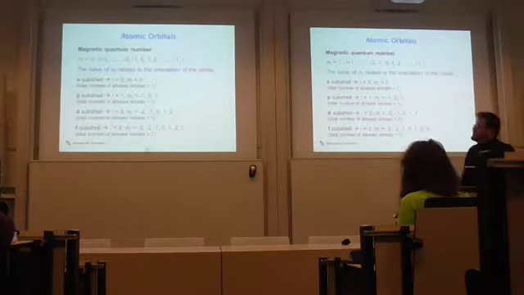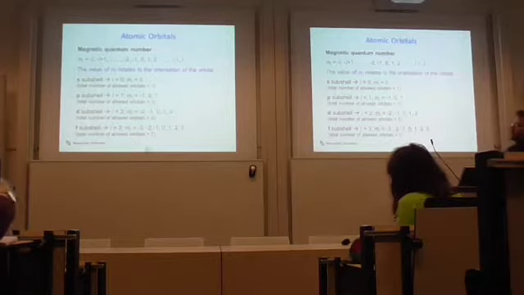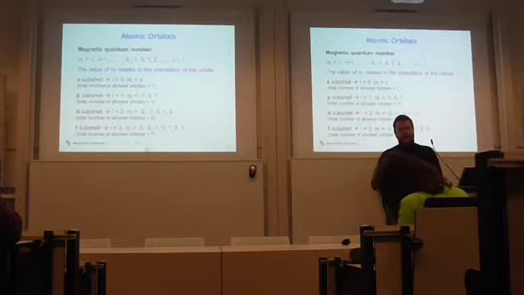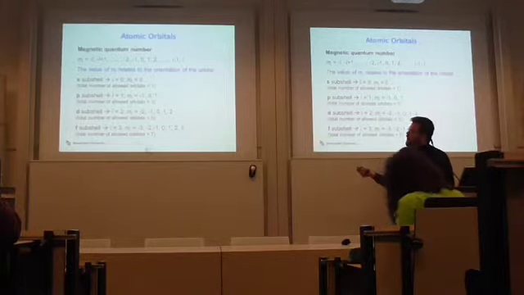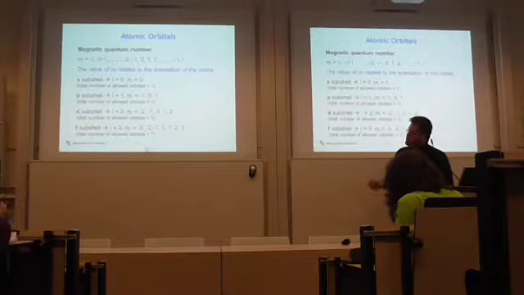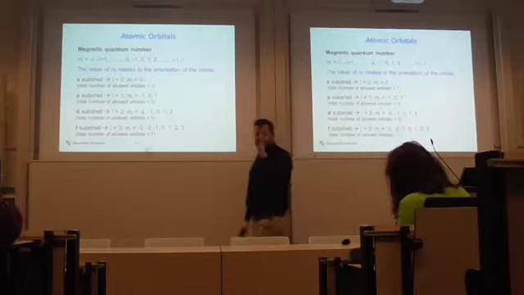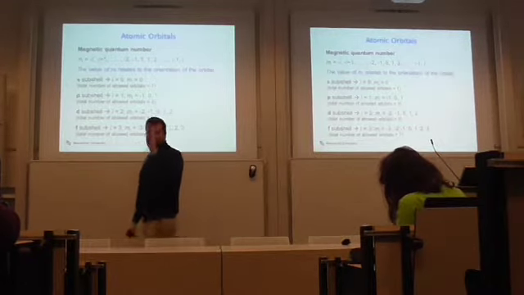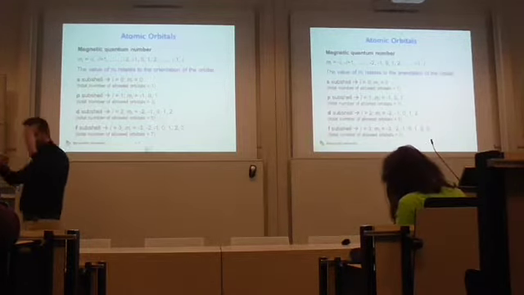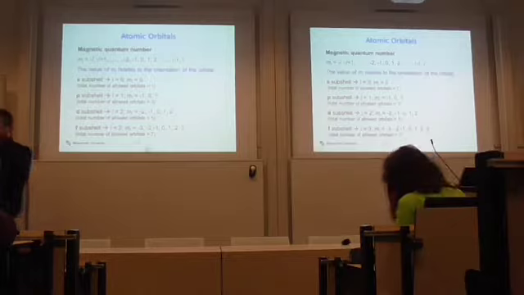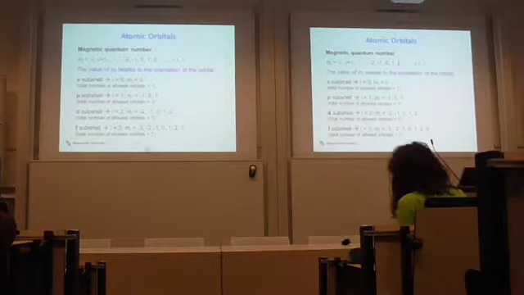The magnetic quantum number, the third quantum number, using our analogy, is kind of the street. It depends on the L that we're dealing with, and can go from minus L to plus L, inclusive of 0. What this tells us is the number of orientations that an orbital defined by L can have.